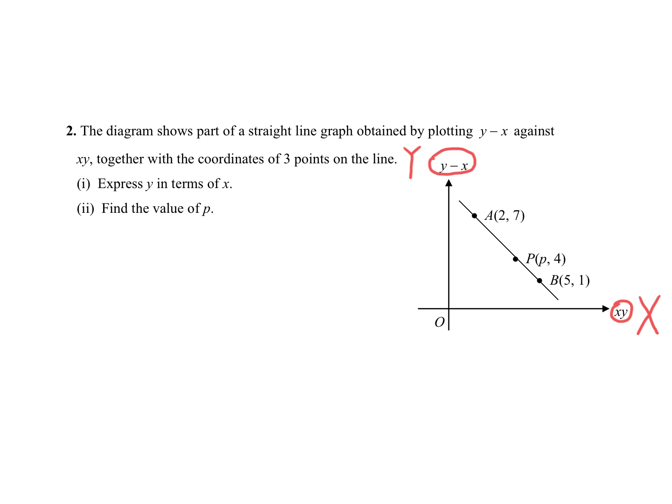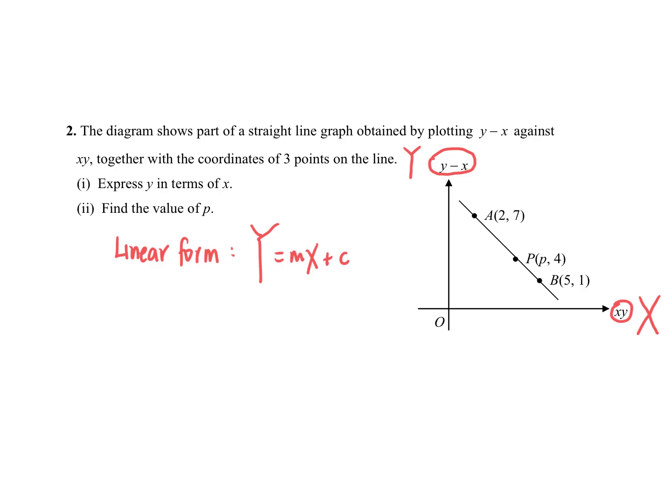So, linear form. I know the equation of this straight line must be y equals mx plus c. I don't care what the small x and small y are now. I only care about this straight line and how to find its equation. So I'm going to ignore these two first.